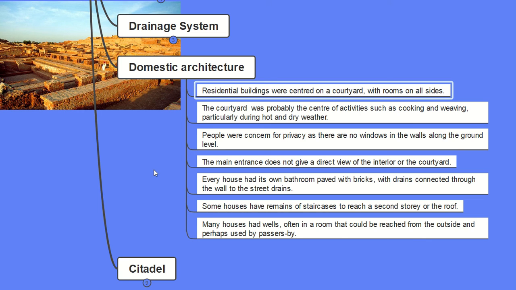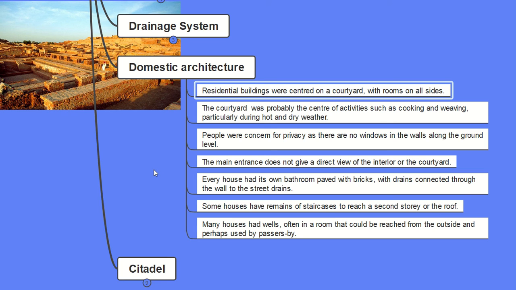Not only that, it is a well planned, constructed house, with a living room, all the other rooms, staircase, bathroom, drainage system, and also privacy as the utmost preference, with no windows given at the ground level.